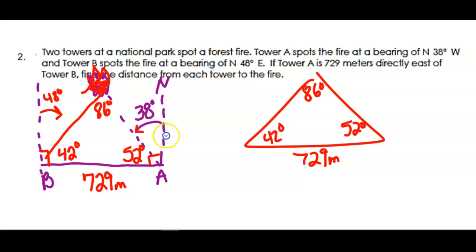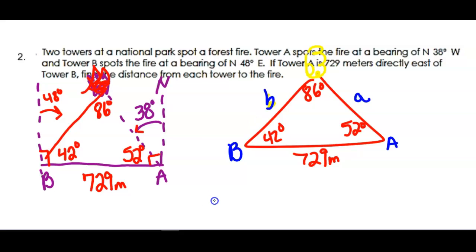Now, be careful because this is Tower A, so this is actually the distance from A. So I'm going to call that little a, even though it's not a cross, okay? If this is Tower B to the fire, which is up here, the distance from B to the fire would be this side.